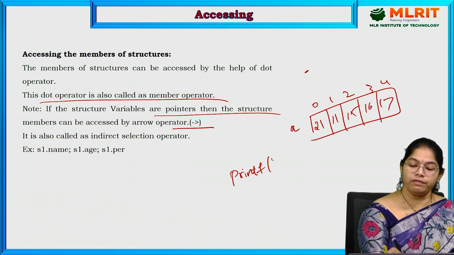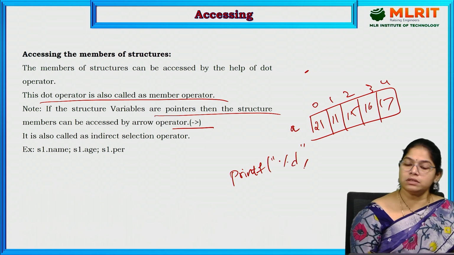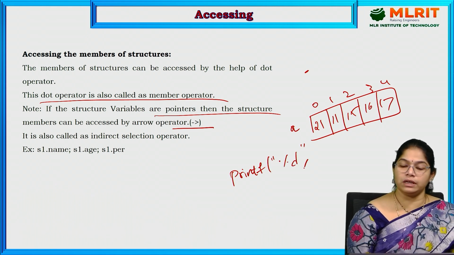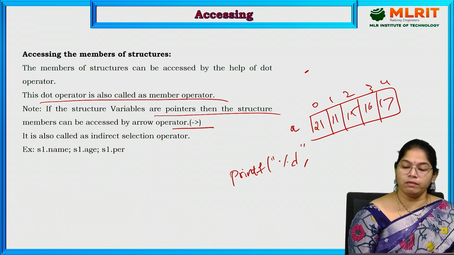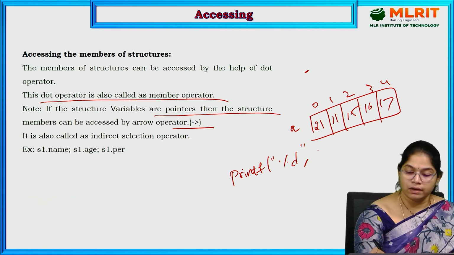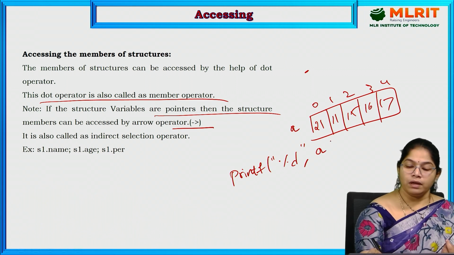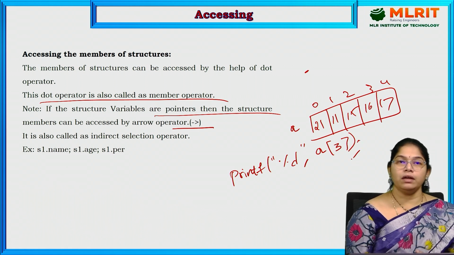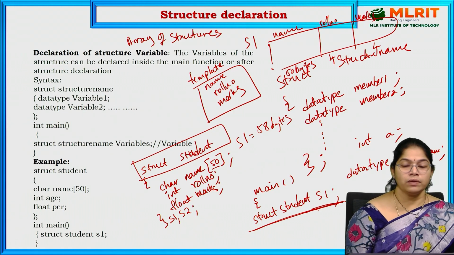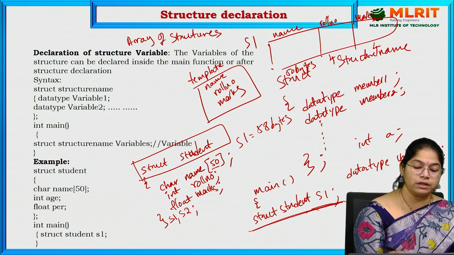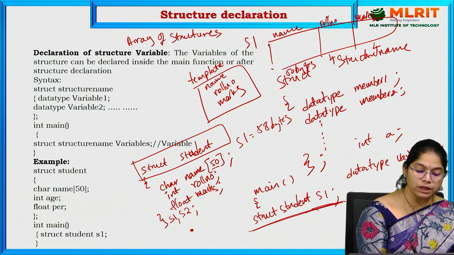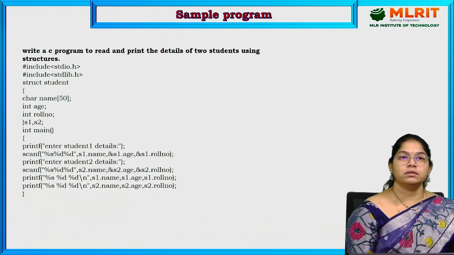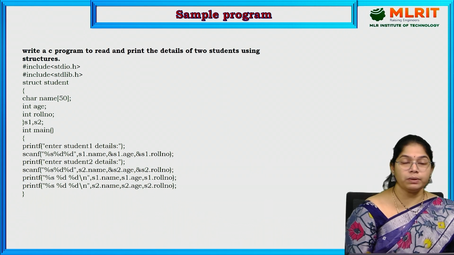So printf %d, because it is holding an integer value, where I want to retrieve the value in the array. So here we have to mention that position, A of 3. In the same way, if I want to access the members of the structure, we have to use the dot operator. So, an example program of how to write a structure.